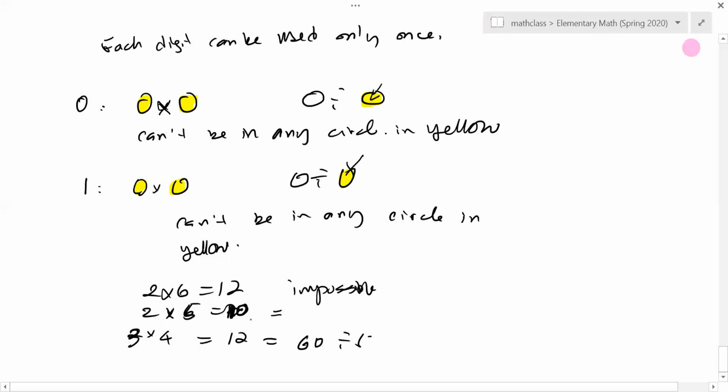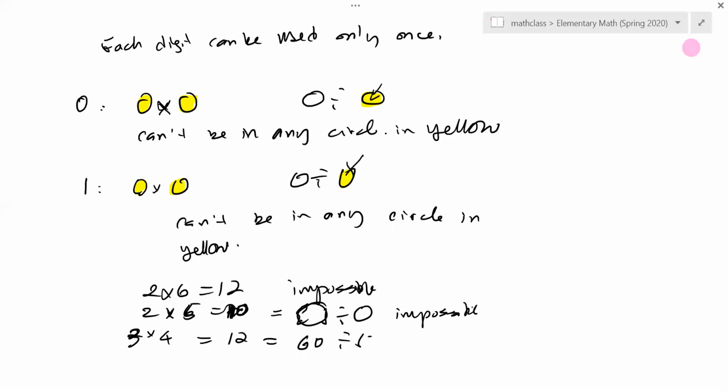So it's impossible too. This part cannot find the digit. So just try many times, and only 3 times 4 works. And 2 times 4 does not work, because 2 times 4 is going to be 8, and 8 is not one of the digits.